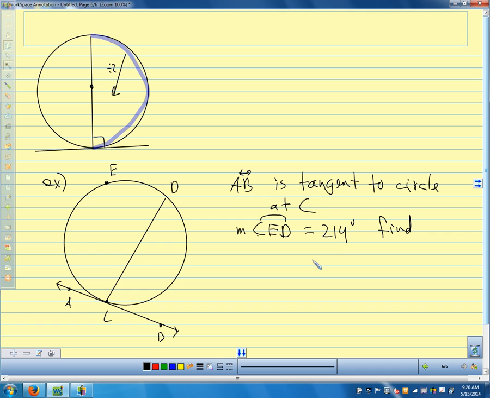We want to find the measure of angle DCB.